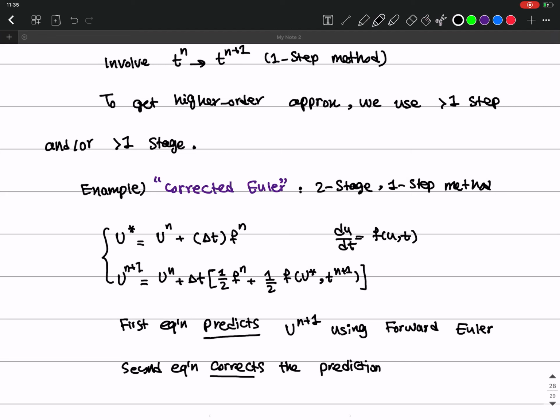So the first step is a predictor, and the second step is a corrector. We correct that prediction that we made before.